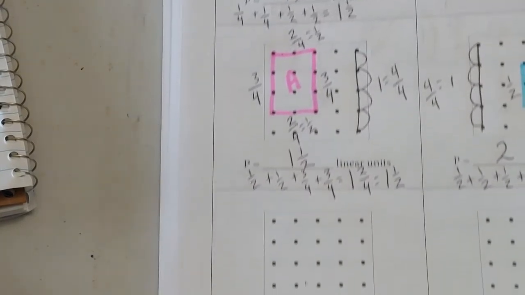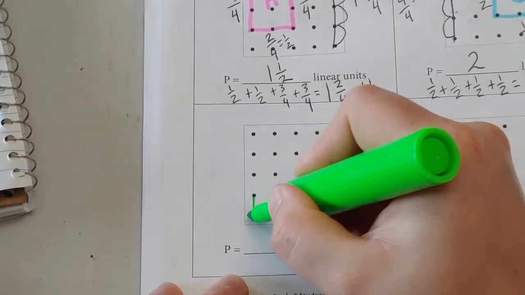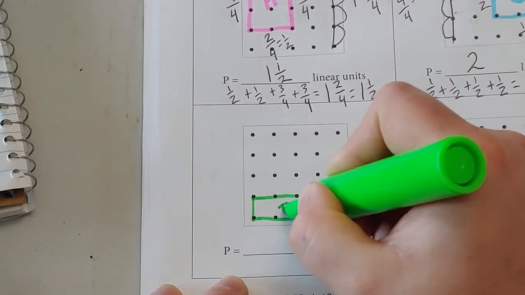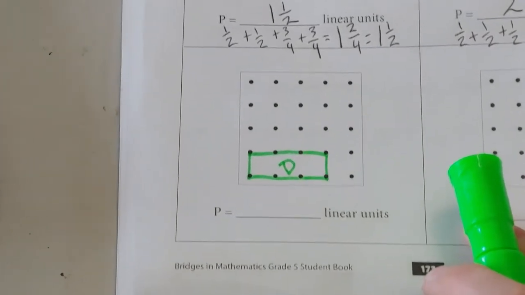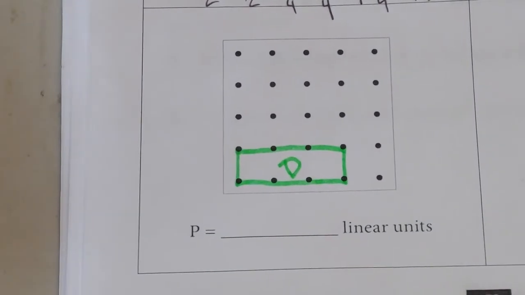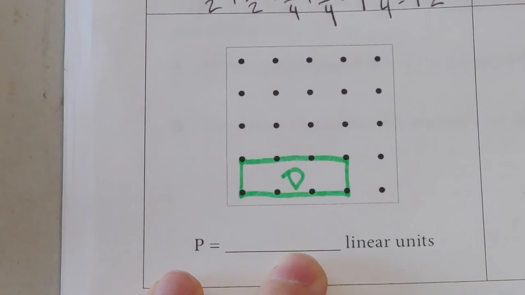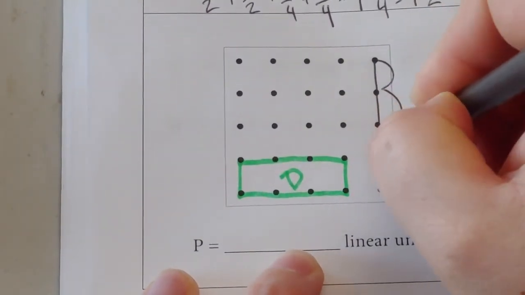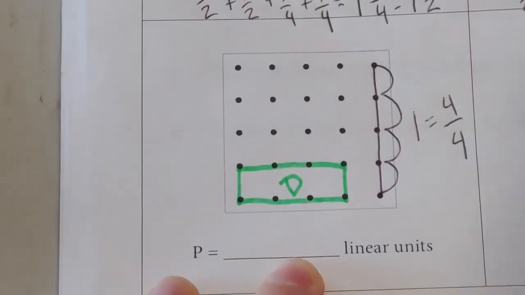All right, couple more here. D, find me some dimensions, some side lengths. Find dimensions for D. All right, I'm going to put this over here just so we can keep this in our thinking, since I have to keep shifting. 1 is the same as 4/4.